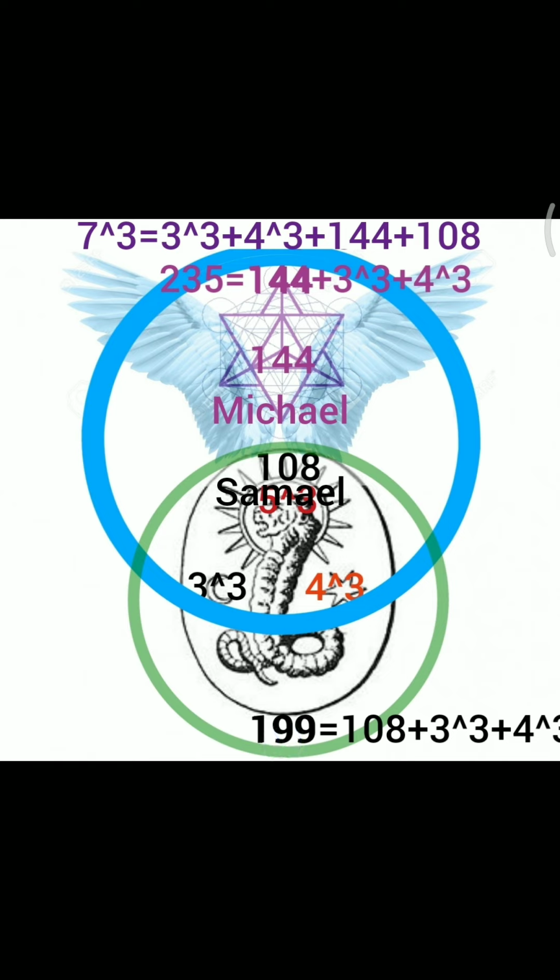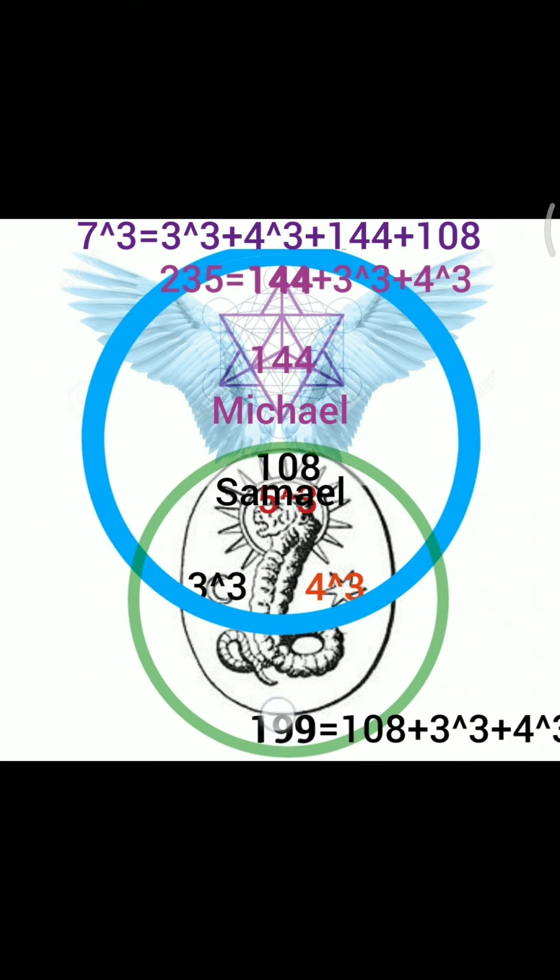So this guy represents the snake, or what we call the hidden secret society called the Brotherhood of Snake. I think this 199 represents the Brotherhood of Snake.